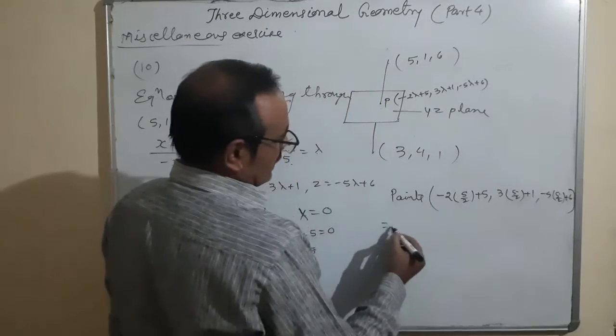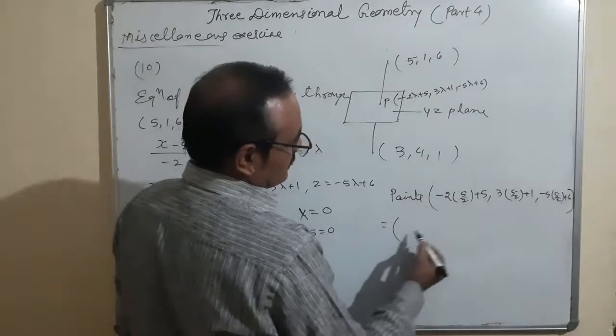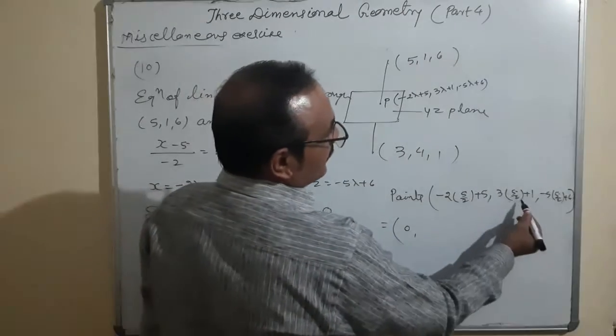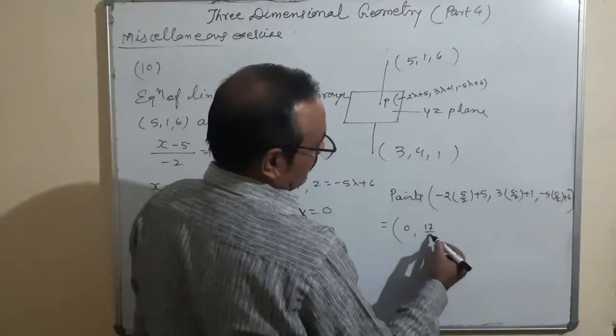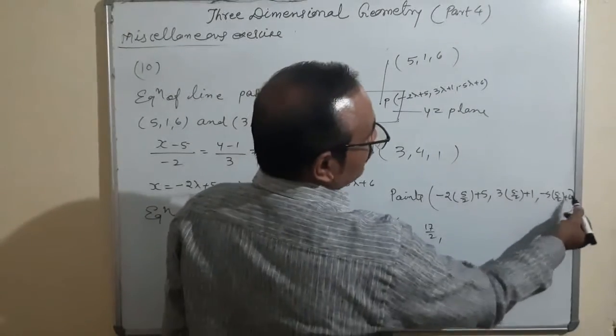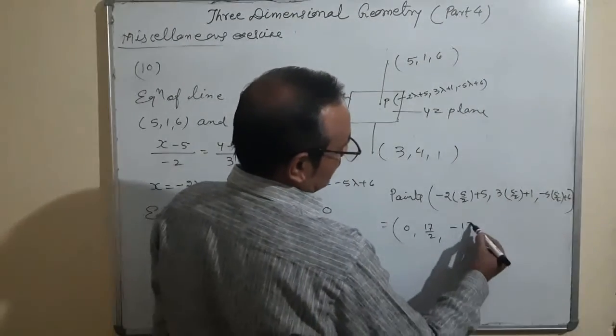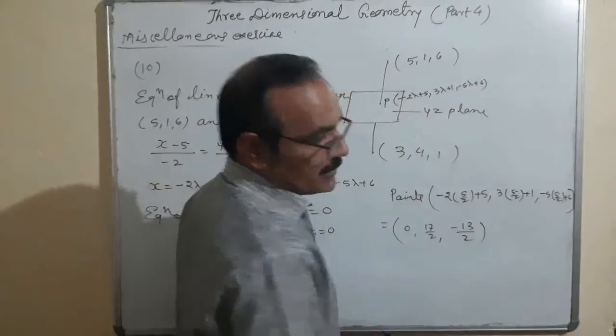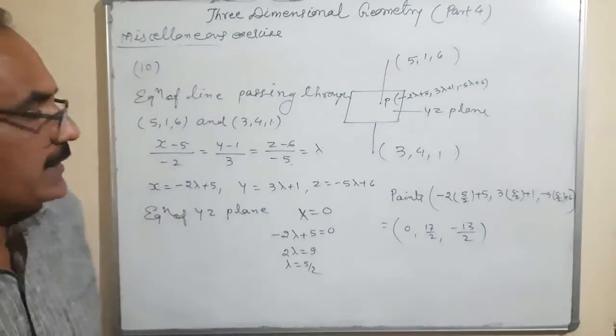So the 2 cancels, minus 5 plus 5 is 0, then 15 plus 2, 17 upon 2, and minus 25 plus 12, minus 13 upon 2. So these are the 3 coordinates of the point on the YZ plane.